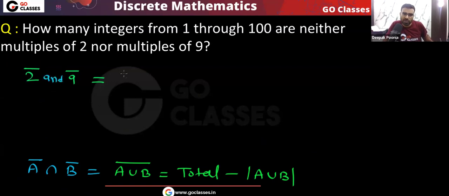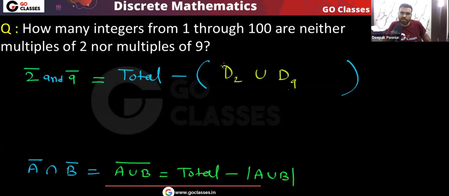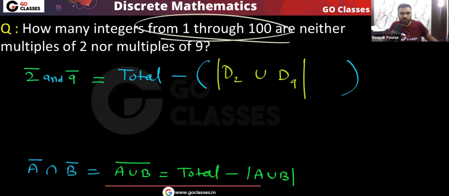So this will be equal to, first you find the total values from 1 to 100, minus you remove those which are either divisible by 2 or divisible by 9 or both, or I can say divisible by 2 union divisible by 9. Okay, remove these elements. Very simple. So basically from the total, from 1 to 100 there are total 100 elements.